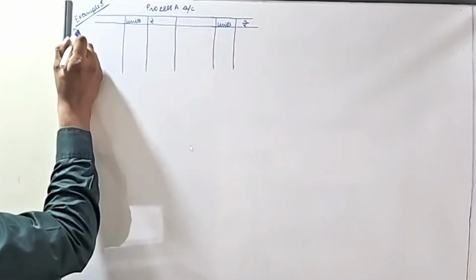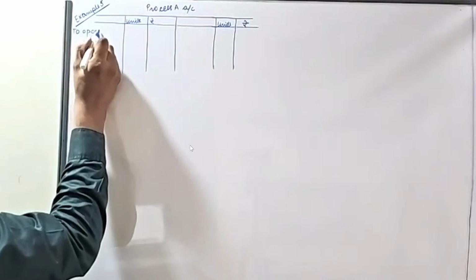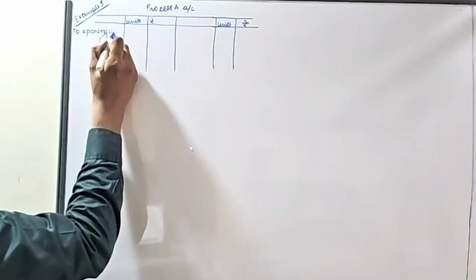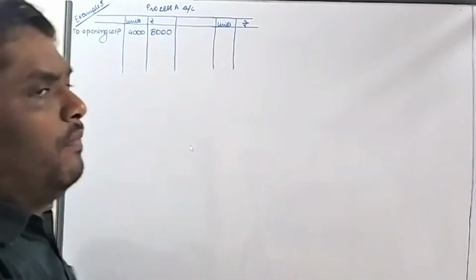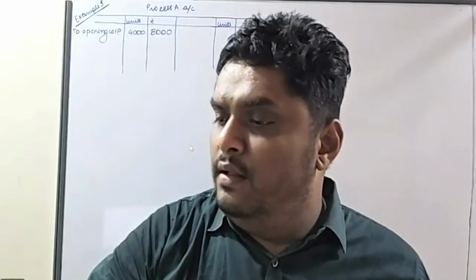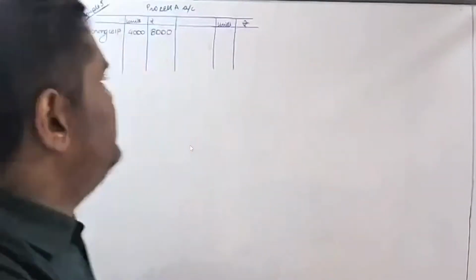So when talking about opening work in progress, it is 4,000 units and the cost is 8,000. Further, the inputs, that is material, when talking about the number of units, it is 16,000.